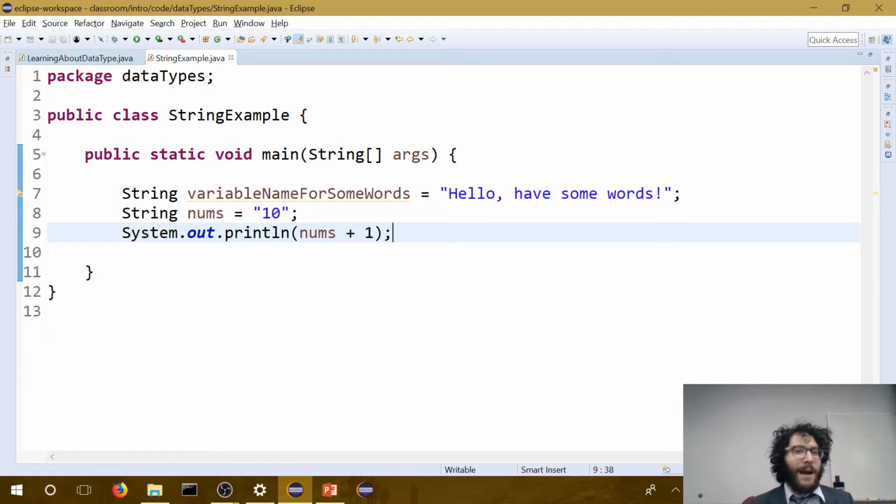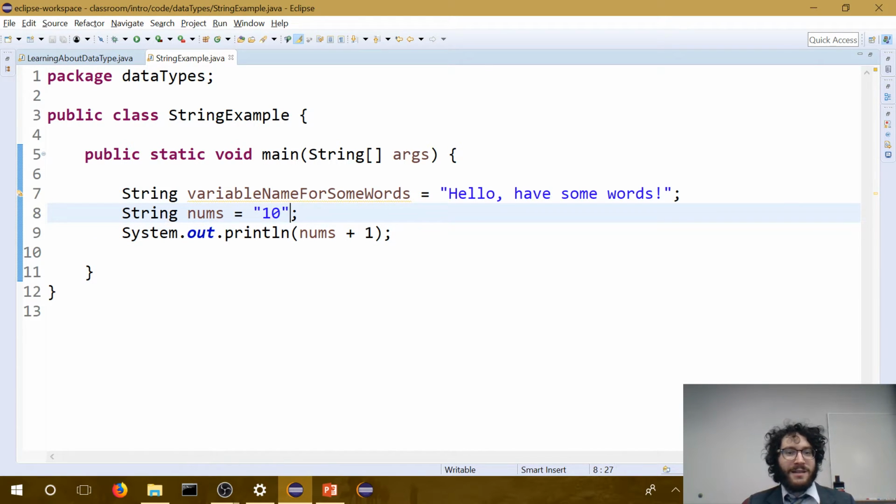I mentioned that ints have a limited amount of space for the stuff they can store, and doubles also, even though those numbers can be very big, there's technically a length for how big doubles can be. But strings, they can be as long as we want them to be. They're bigger than everything, right? So anything that we add to a string like this automatically gets converted to a string.